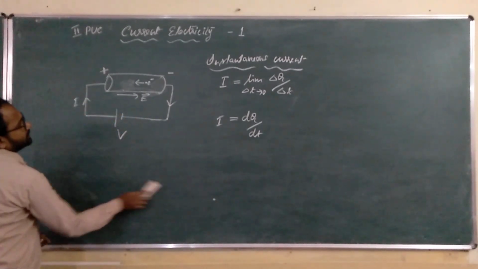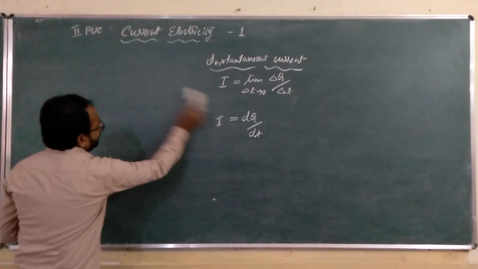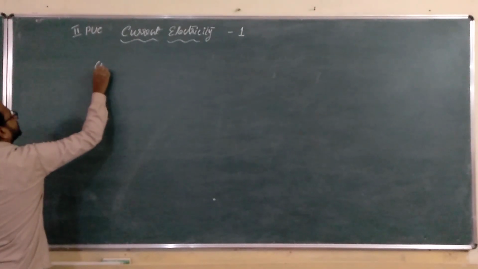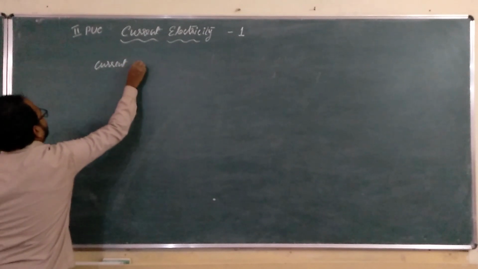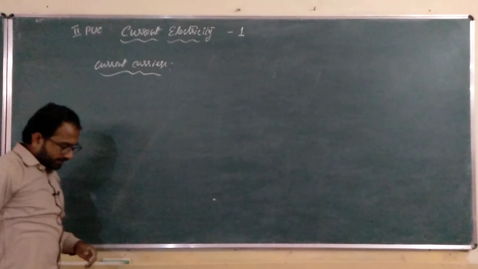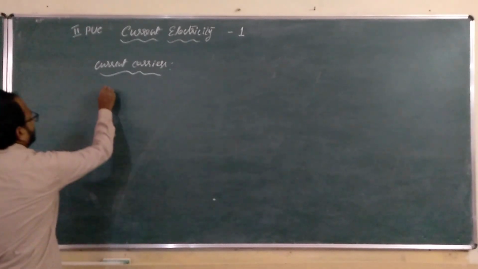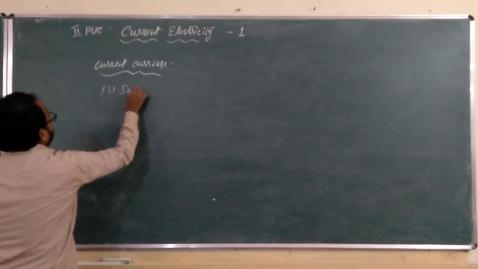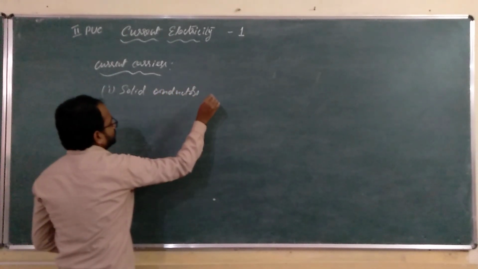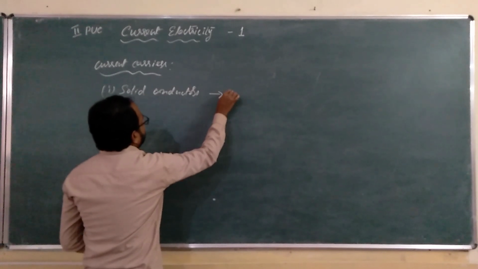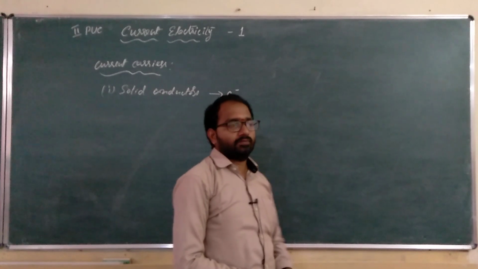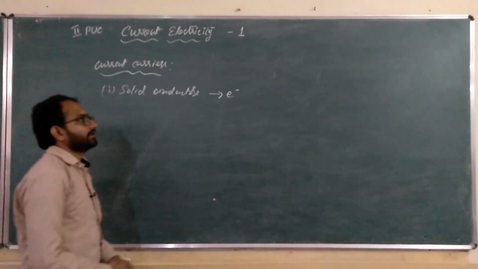Next we discuss the current carriers in different substances. In solid conductors, current carriers are the electrons. There are free electrons which are moving in random directions.